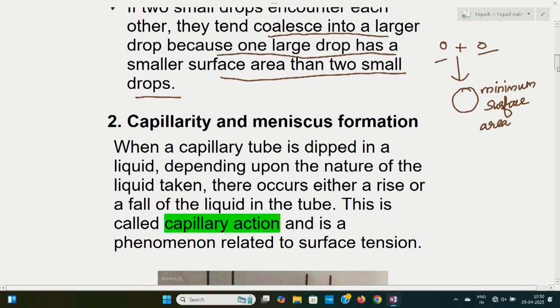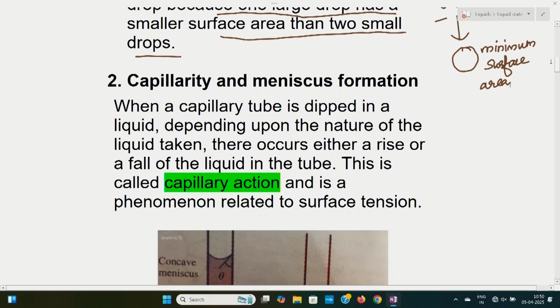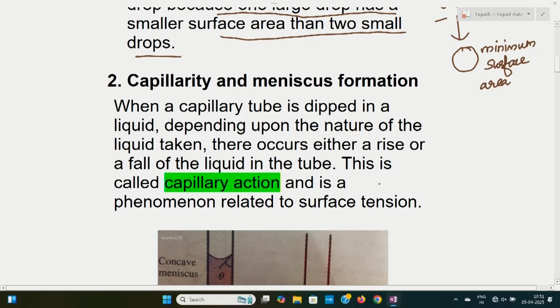Now, let us see the second consequence, that is capillarity and meniscus formation. This also depends on the surface tension of a liquid. A capillary tube is a glass tube of small diameter.